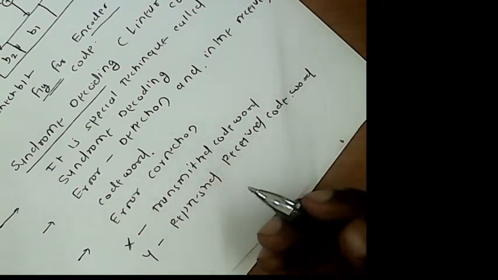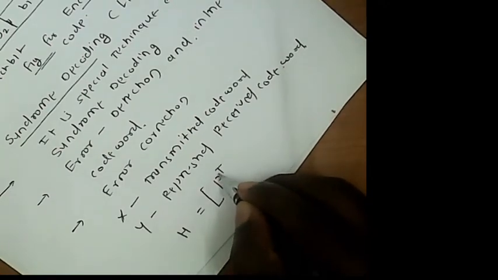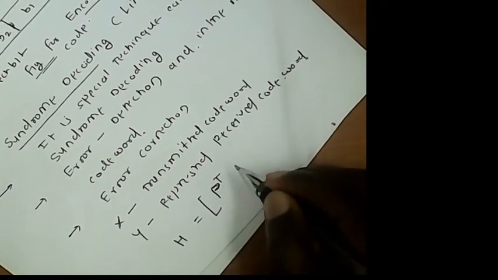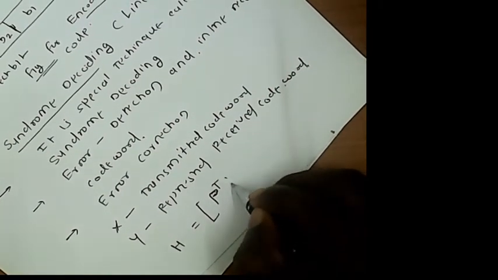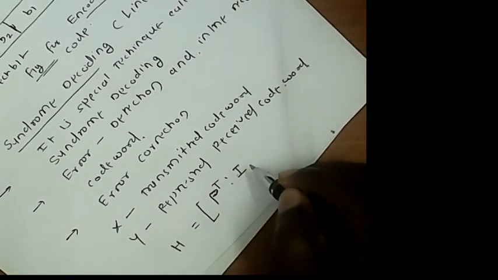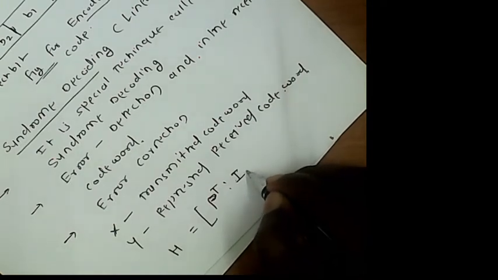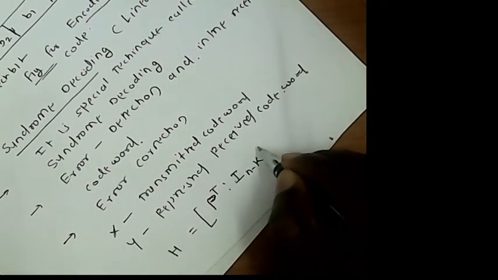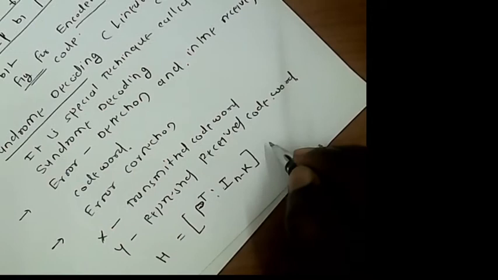We know the parity check matrix equation: H is equal to the transpose of the coefficient matrix P, or parity matrix, followed by the identity matrix of order n minus k.